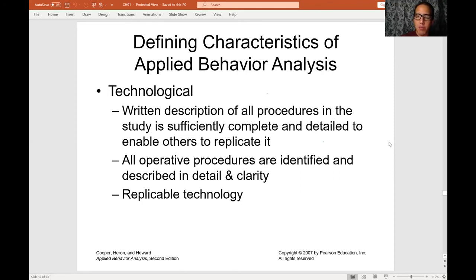And so all the procedures are identified and described in detail and clarity so that we can replicate the technology. We can replicate what we do so that other people can do it and they can also take advantage of the principles of behavior to improve people's lives.